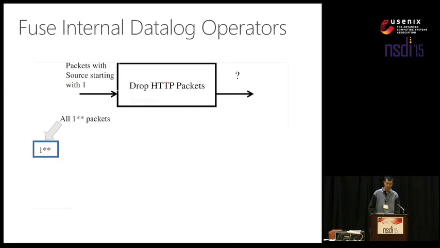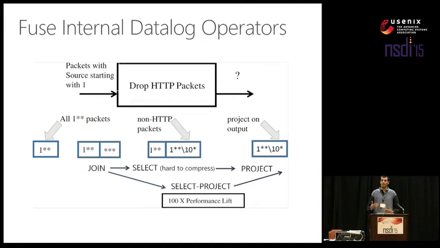The second step is to join this table with a full table to create an input-output relation. That's the join. Then in the select, we constrain this input-output relation to what happens, which is dropping HTTP packets. Finally, since we don't care about this I/O relation, we just project out the input and we get the output, which is the final result that we want: the packets that get out of this router.